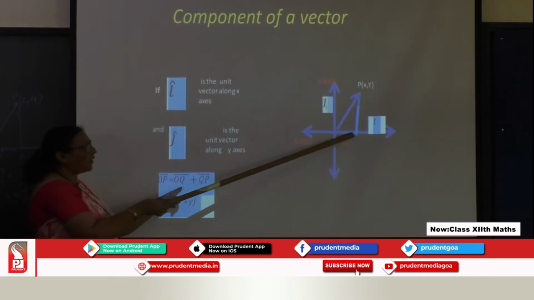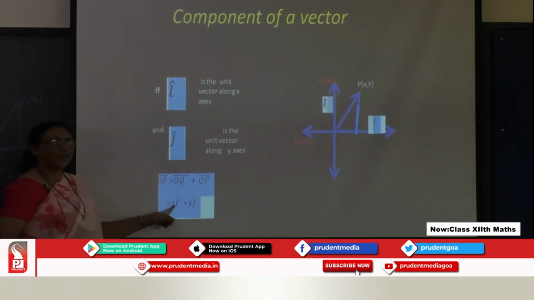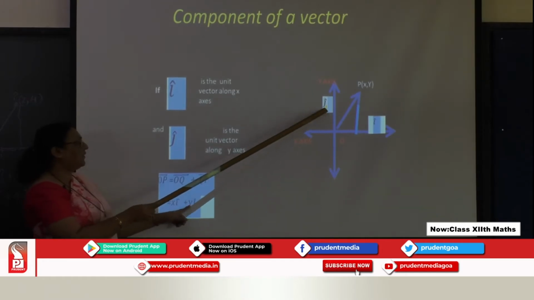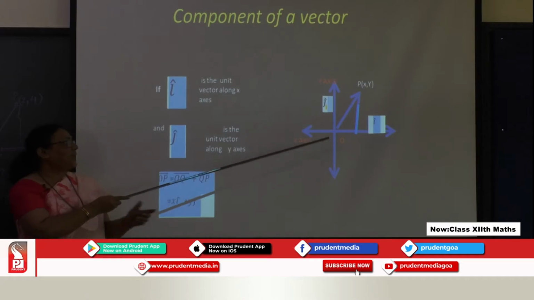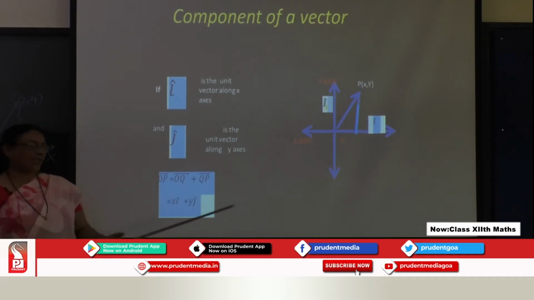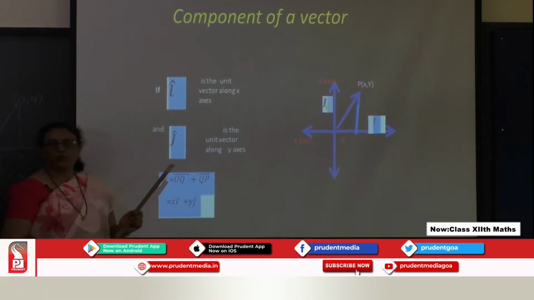So, this is along x axis, so you will get x times i, and this is along y axis, so you will get y times j. So, any vector OP in space in 2 dimension can be represented by x into i plus y into j.